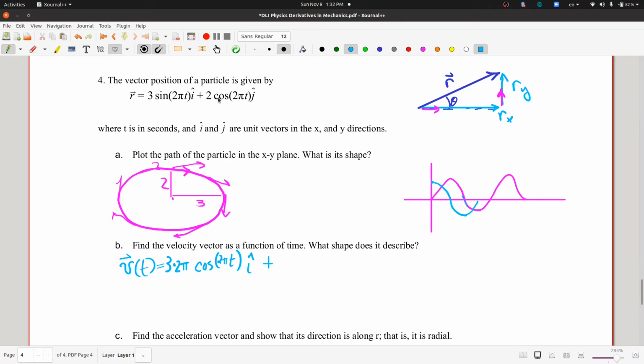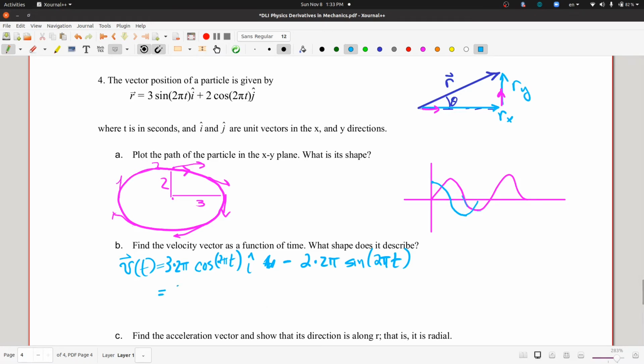Looking at the y component, the derivative of cosine, since I start at a value that's positive and the slope gets more and more negative, we see that the derivative of cosine is negative sine, so this has to be minus 2 times the sine of 2 pi times how many seconds have gone by, and again we have to multiply by the inside coefficient, 2 pi.